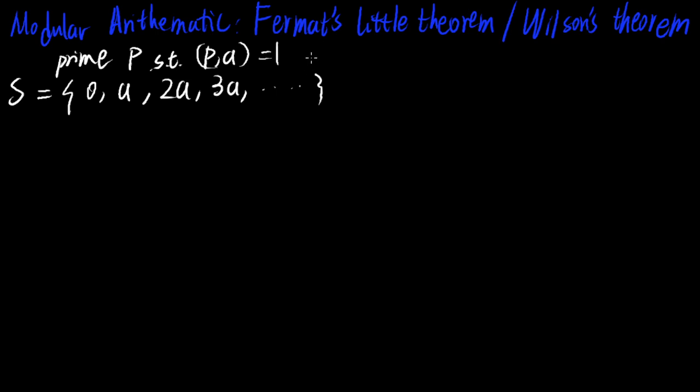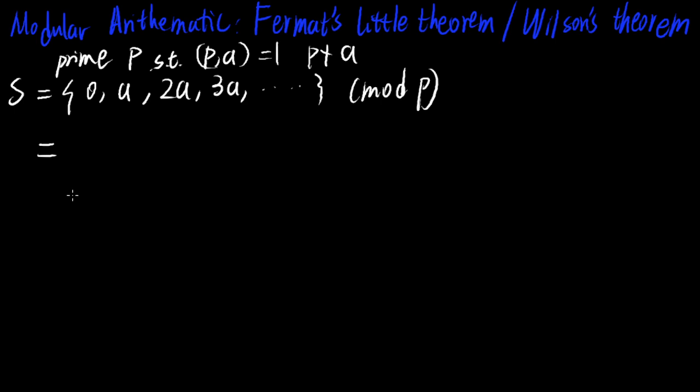They are co-prime, which means that p does not divide a. And what we consider is the set S's elements divided by p, the remainder of each element of S divided by p.